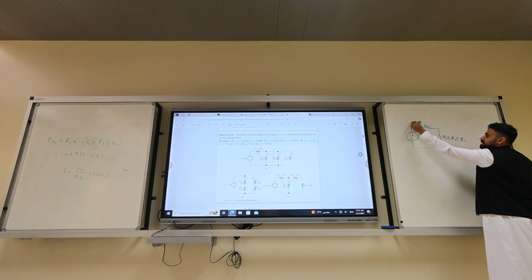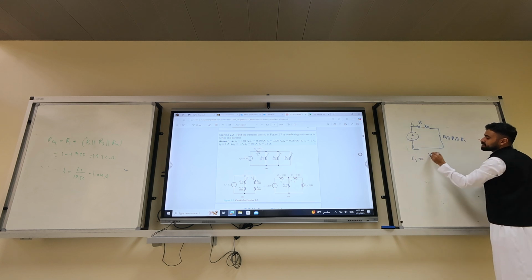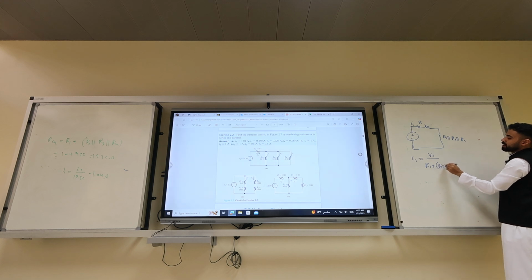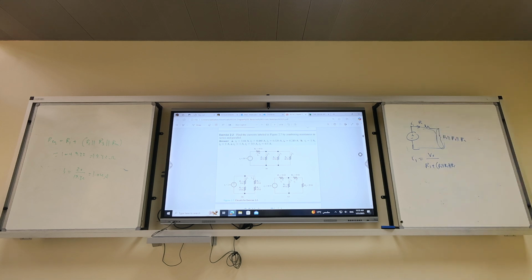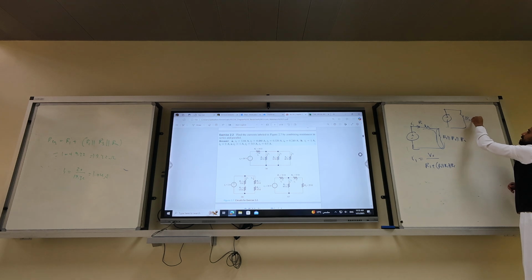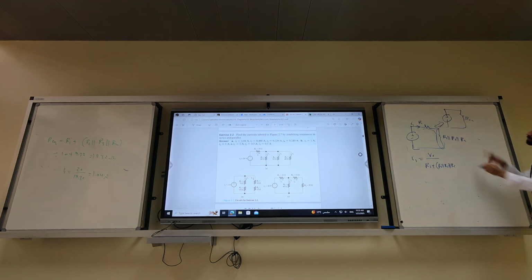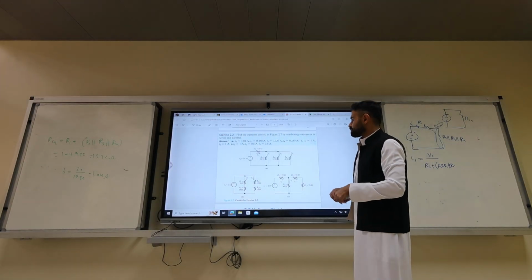So I1 equals VS divided by R1 plus the parallel combination. It is the same current because the combination is in series. Get it? These two are the same. So that's one approach to solve the problem.